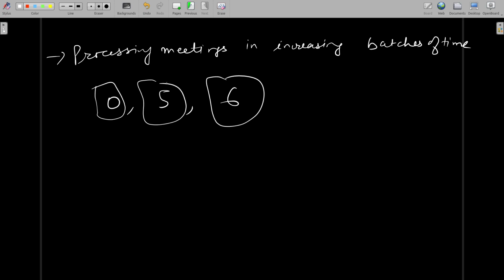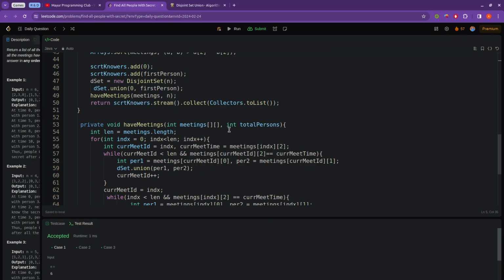Okay, so for making batches of time, what should we be doing? Here the function of DSU, which is union, will help us to make all the meetings in a certain batch.